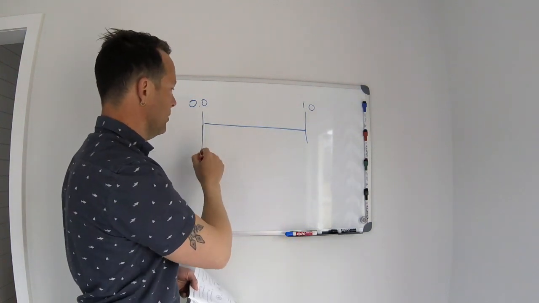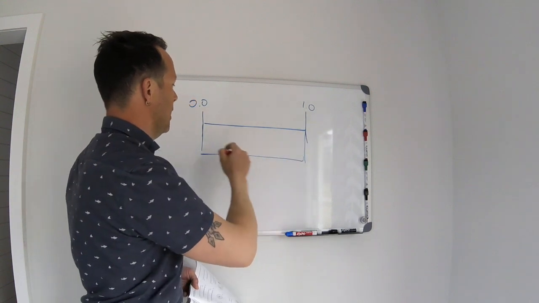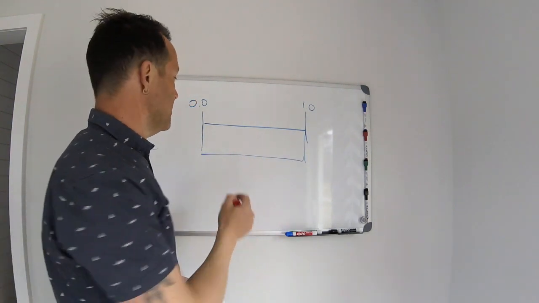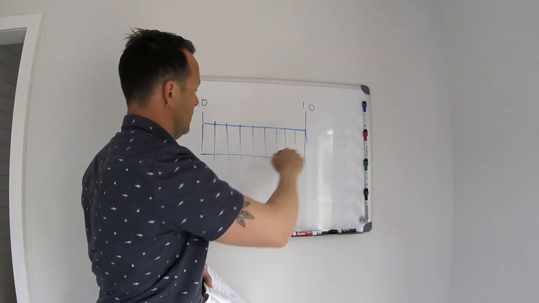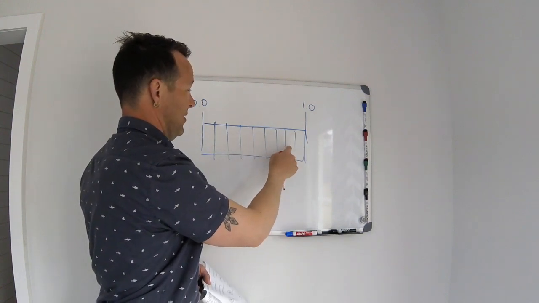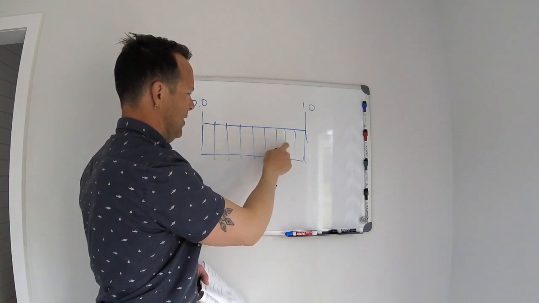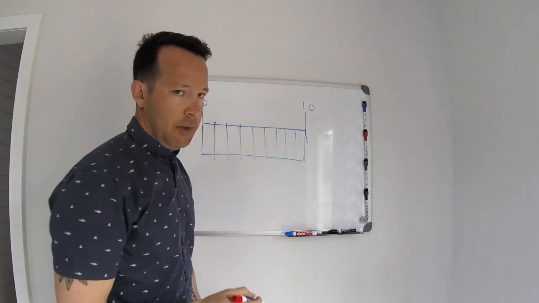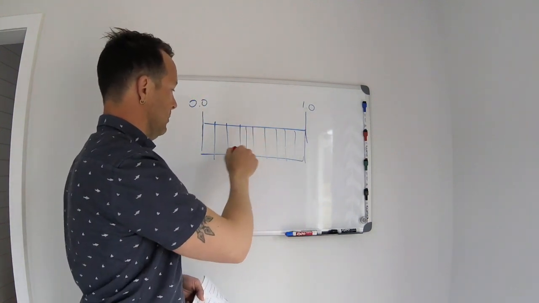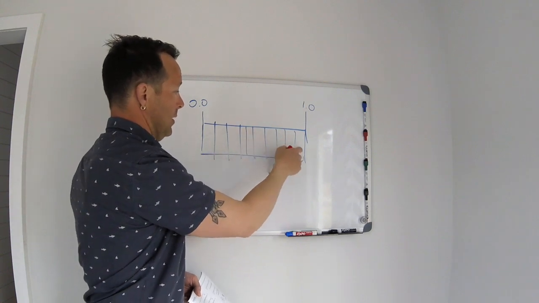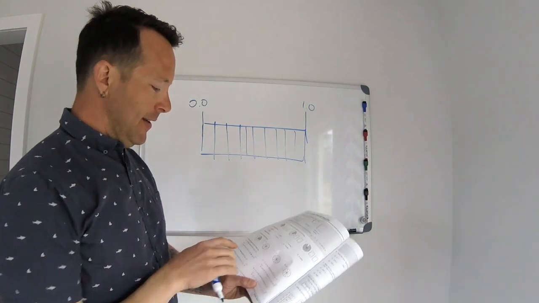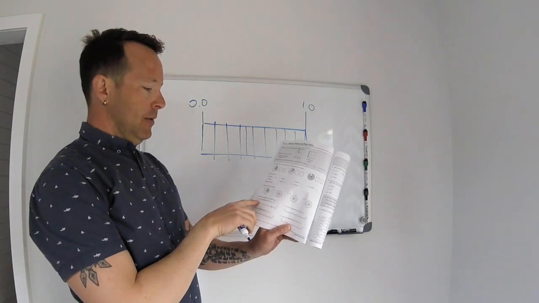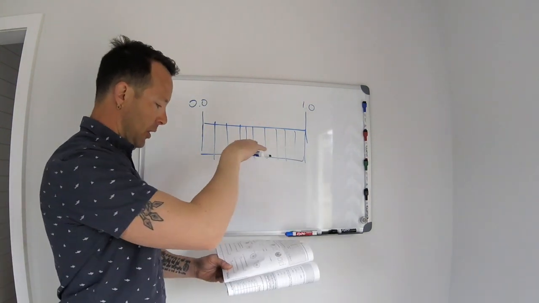I'm going to draw a shape and divide that shape into 10 pieces. I didn't draw big enough, so we'll just draw one here. Okay, I divide it into 10 pieces.